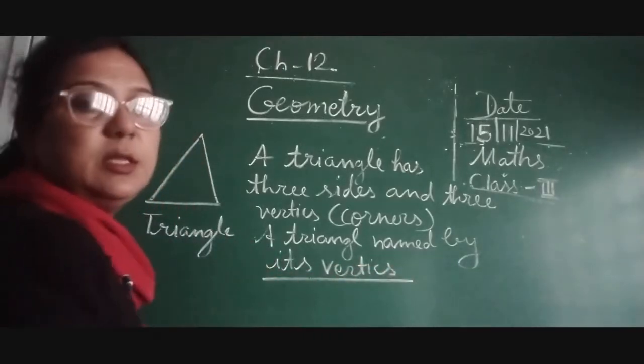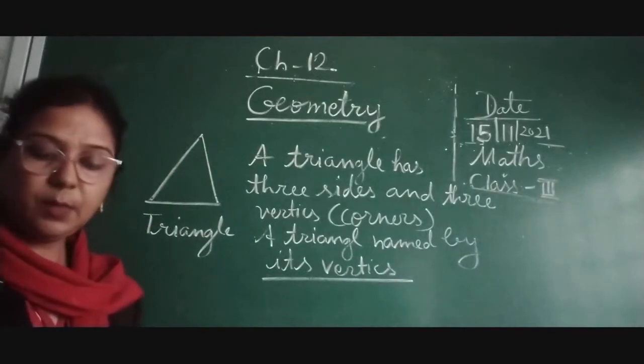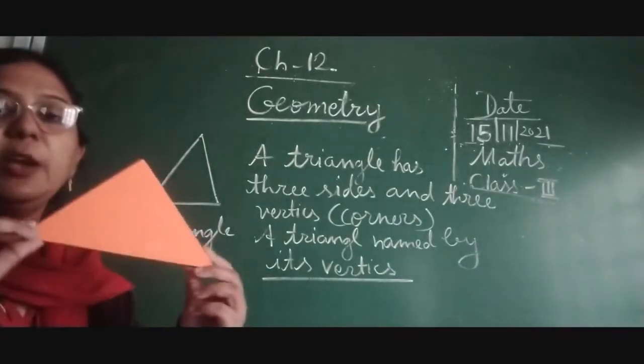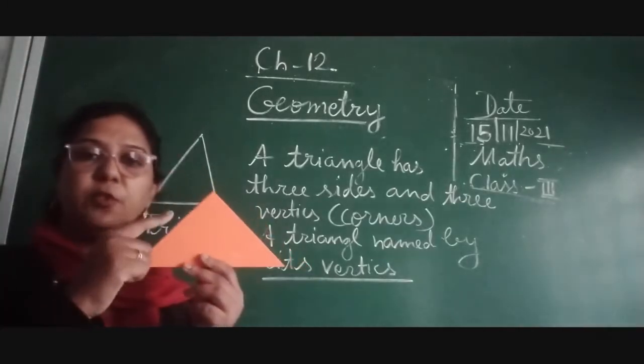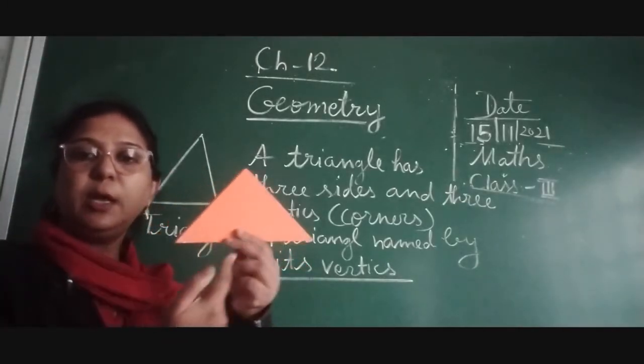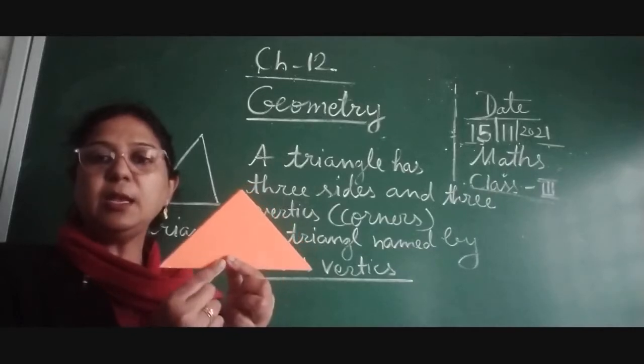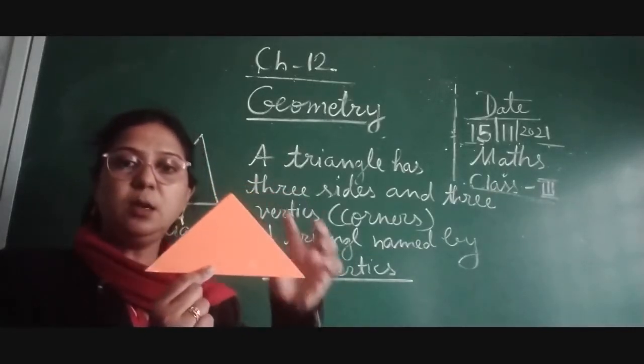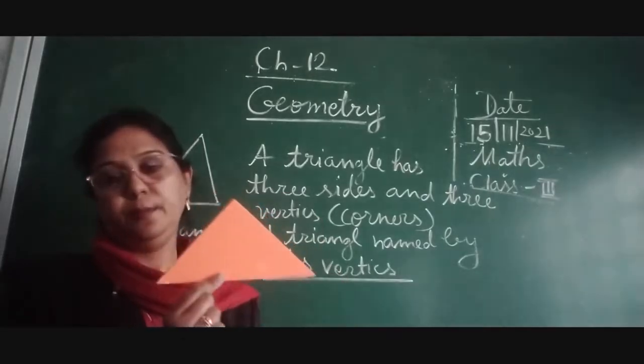Now children, this is the description of a triangle. Again, this is a triangle and it has three sides, 1, 2 and 3, and three corners called vertices, 1, 2, 3.